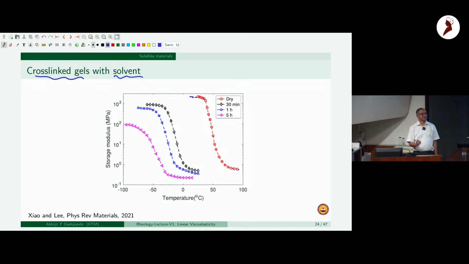So you have this glass transition happening in this dry material, but when you start adding more and more solvent to it by exposing it to some solvent condition, its modulus drops in the glassy state, and also the temperature at which it becomes rubbery keeps on decreasing. So there is a plasticization effect because of the solvent molecules in the polymer system, and therefore its glass transition also decreases.